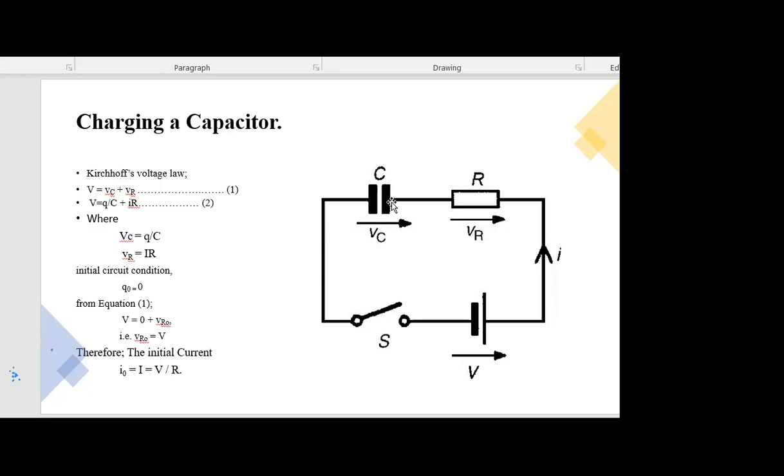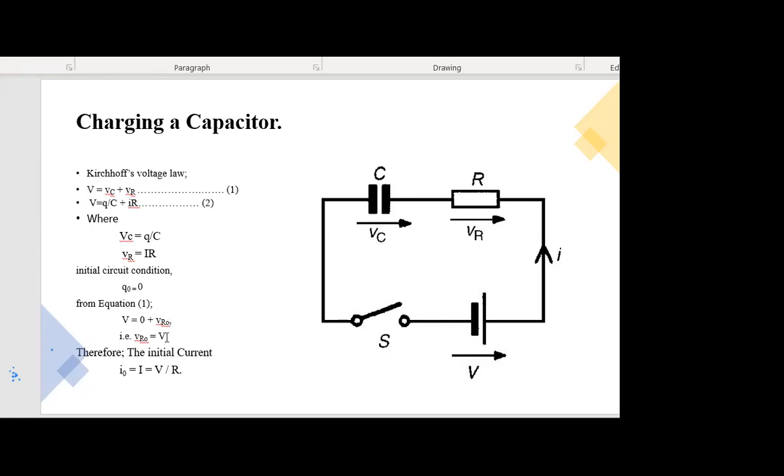So since the capacitor won't charge, the charge Q naught will be equal to 0. When you substitute this in equation 2, you get the DC voltage V will be equal to 0 plus the voltage across the resistor.